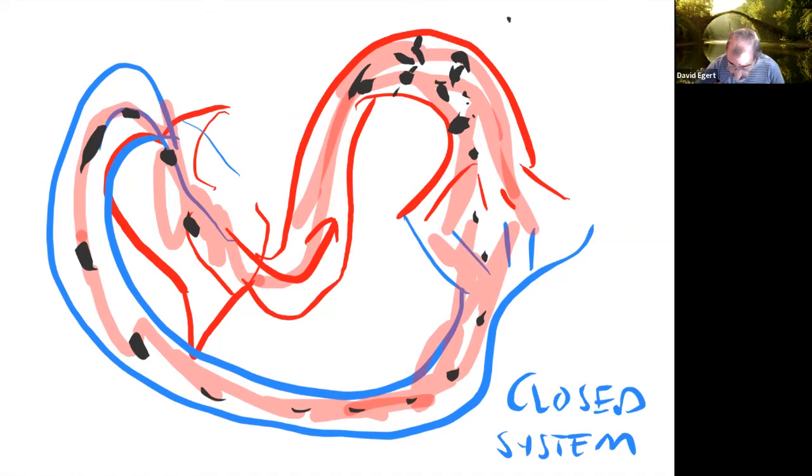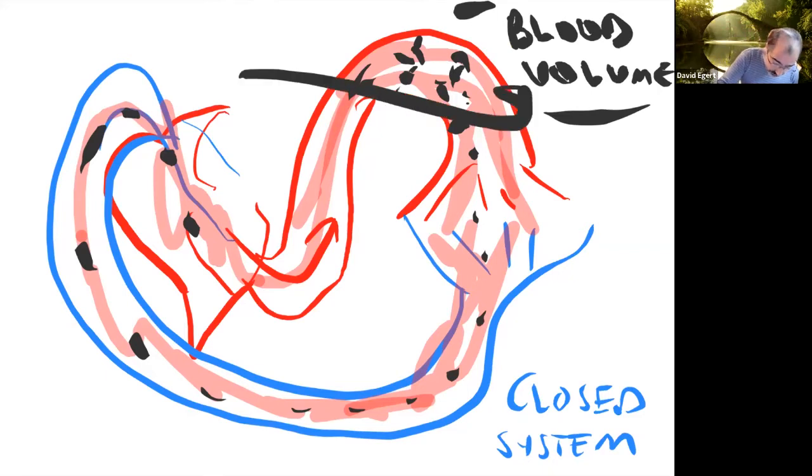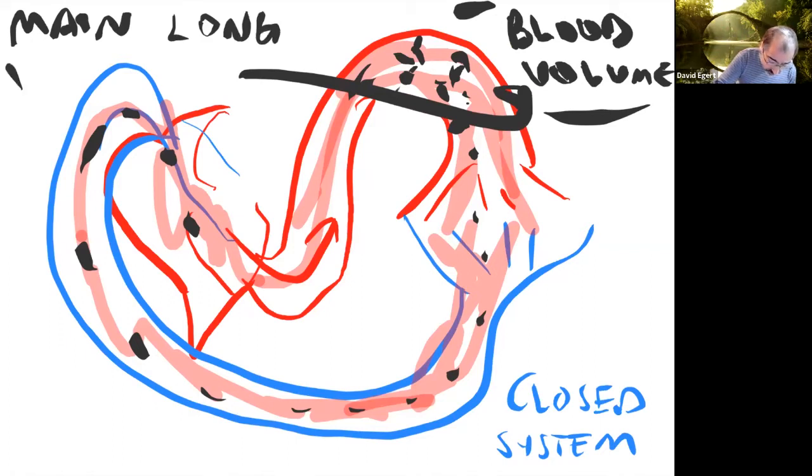So blood volume is going to be our main long-term control of blood pressure.